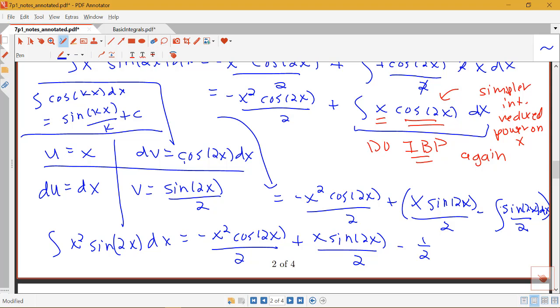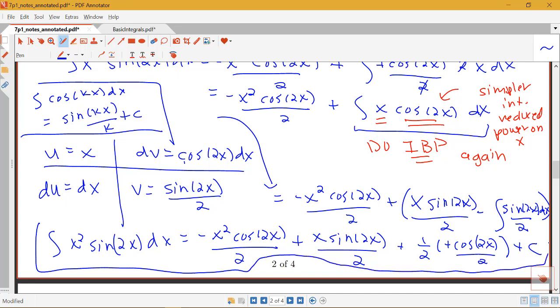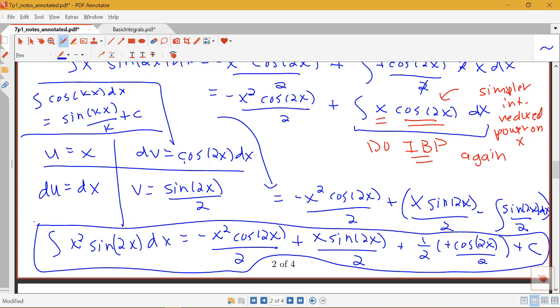So I know the integral of sine of 2x is going to be a negative cosine 2x over 2 plus c. So I see that this is going to become plus a positive here, and I could simplify this, but I don't need to here, into this part being cosine 2x over 4. But we can see that this is our final answer for this particular problem using integration by parts twice.